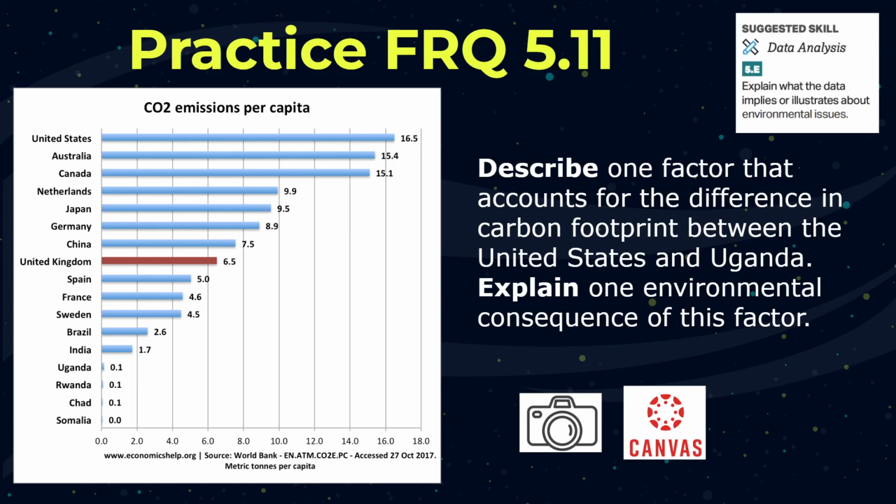Think about the items listed in your notes that affect carbon and ecological footprints and what might be different between the two countries. Then I want you to explain one environmental consequence of this factor. When you're finished, I want you to take a picture of your notes and upload them into Canvas where it says 5.1 notes.